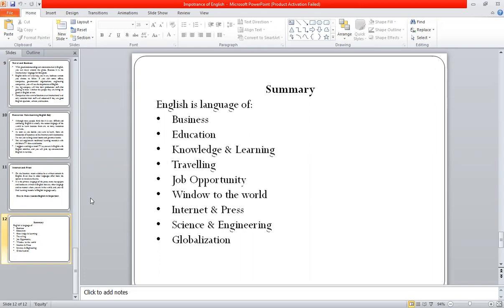You can travel easily, and you will get many job opportunities. For getting and converting the job opportunities, you will have to learn this language in speaking, or you will have to learn spoken English. Then this is also the window to the world. It means that through this window you can easily get knowledge from all over the world.